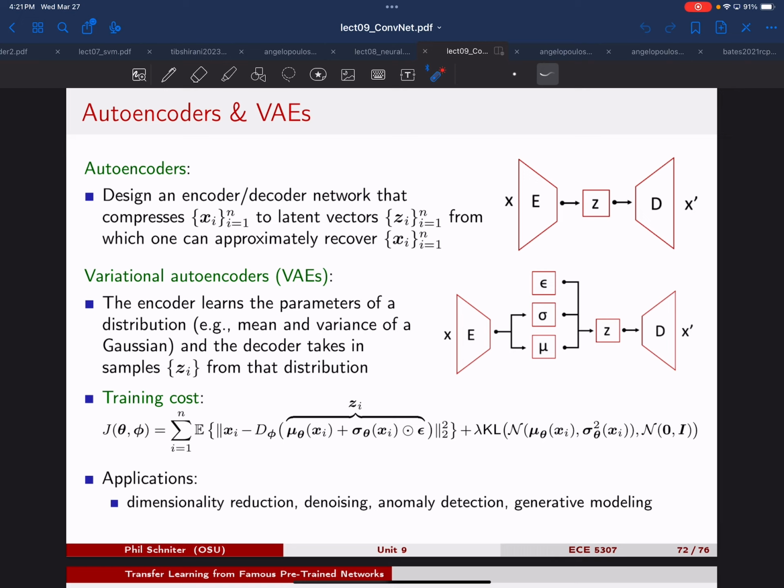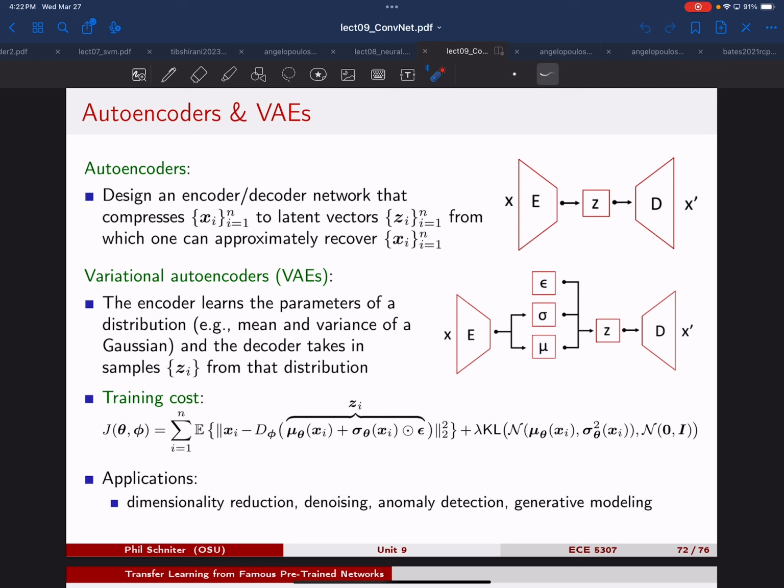Again, we could say faces: put in random Gaussians, out come faces. With the GAN, the difference is how you train this. Here with the VAE, you're just focusing on the squared error. The trouble with squared error as a metric, as a way of training, is that it does not give you sharp images.